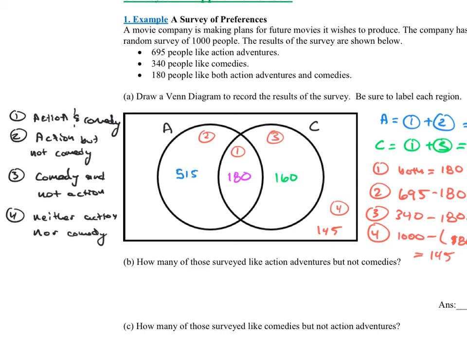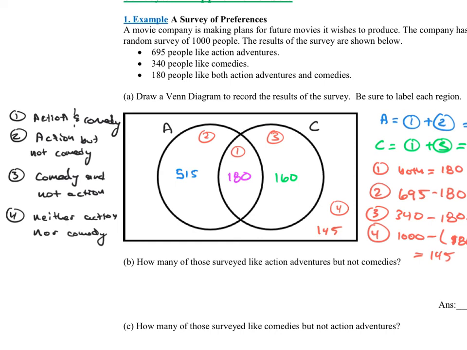I could do things like say, how many people do not like action? Remember A complement here? Isn't A complement regions 3 and 4? So how many people do not like action would be the sum of regions 3 and 4, 160 plus 145. I could ask you a whole bunch of questions around this, but as long as you understand what each one of those regions mean, what intersections are, what unions are, and what complements are, you'd be good to go.